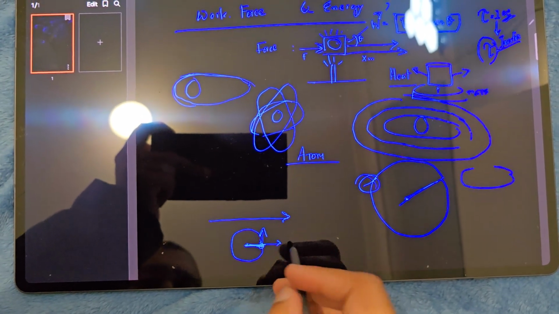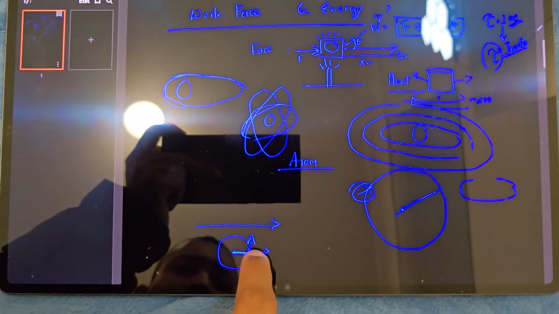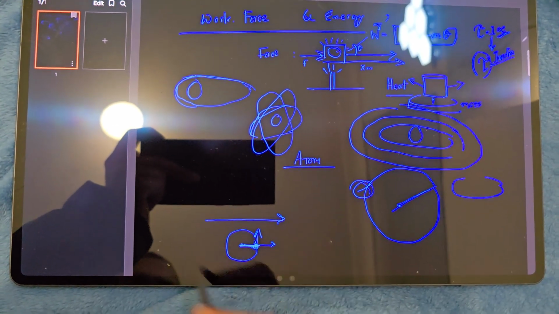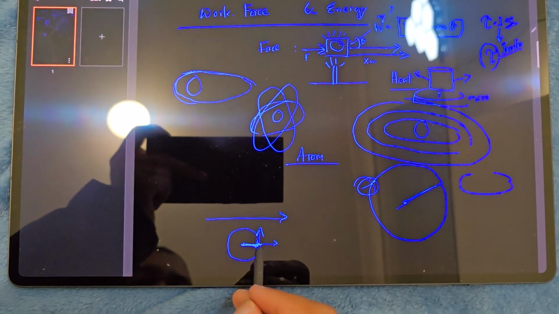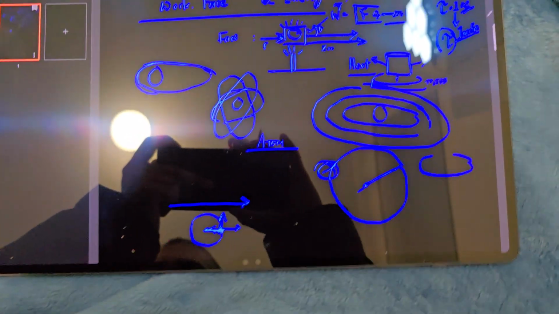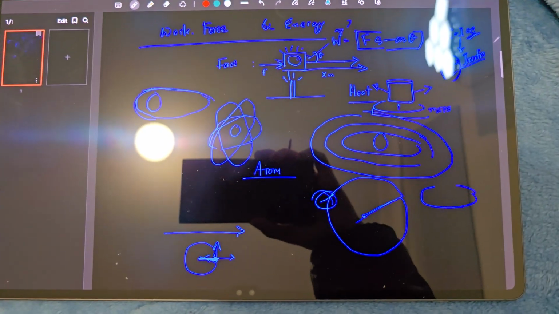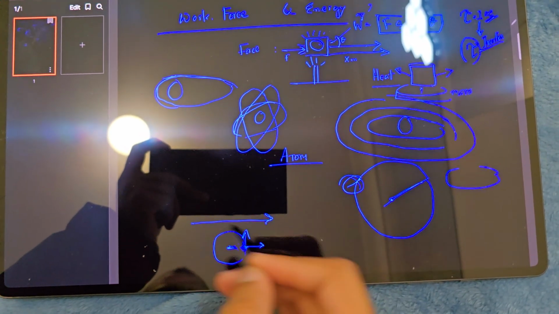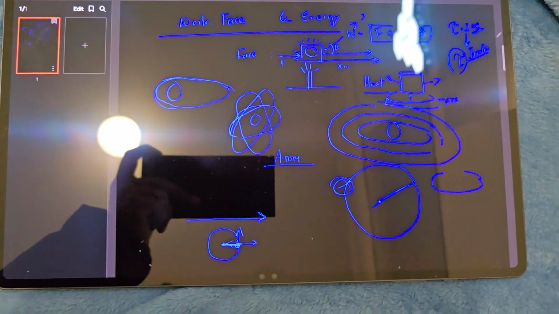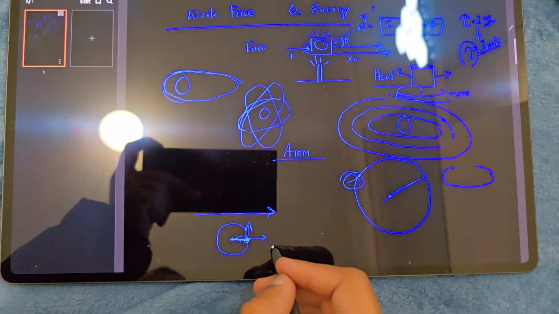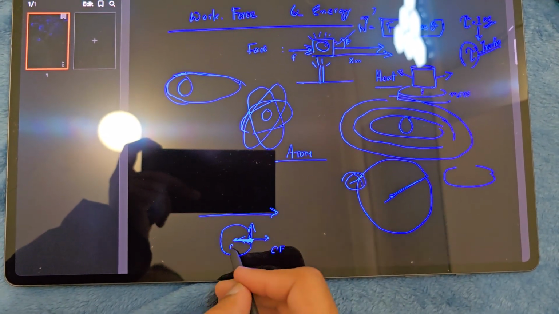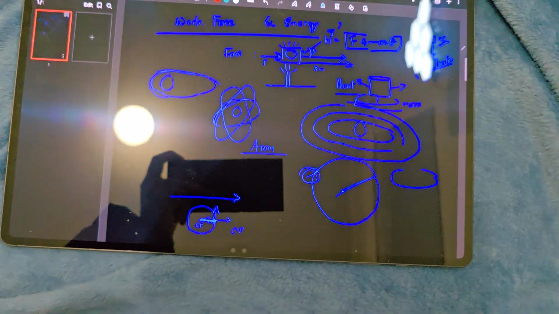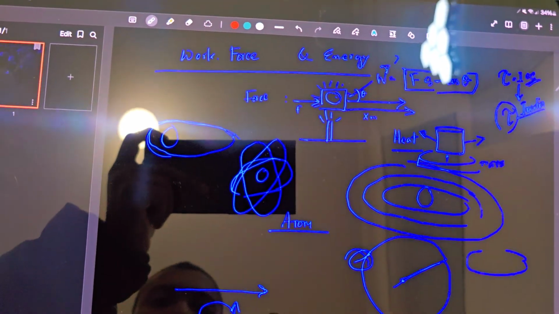One force is trying to take it out: the ball is trying to get out of the circular path. The other is the rope pulling it in. So it does not go out and it doesn't come in. What it does is just keep moving around in a circle. So centrifugal is the force that goes out, and centripetal is the one attracted towards the center. So pretty easy. What happens in this term?